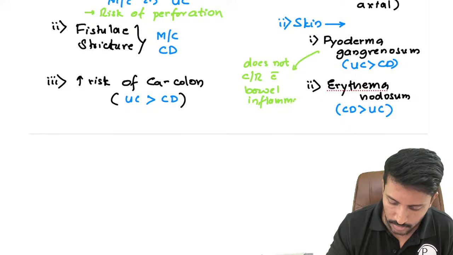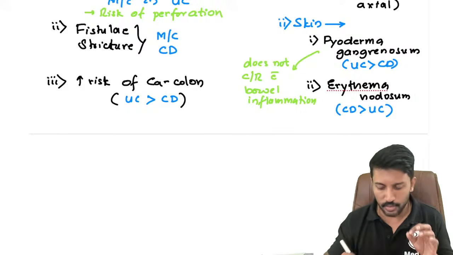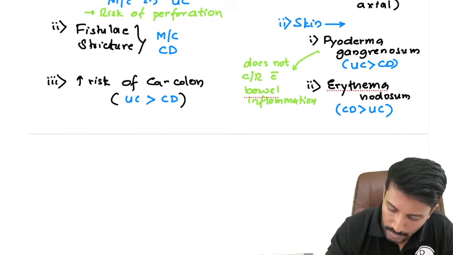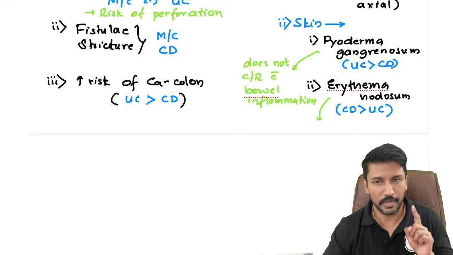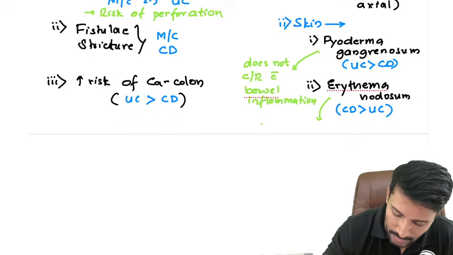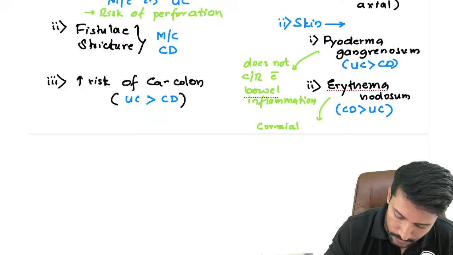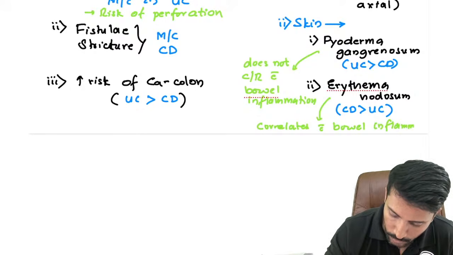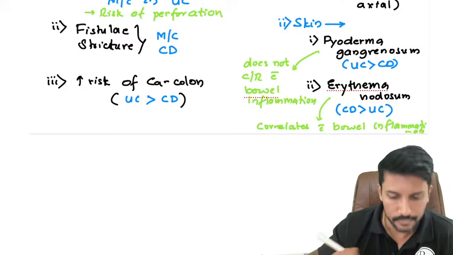So if I have an ulcerative colitis patient with pyoderma gangrenosum, it doesn't mean that his bowel inflammation is very severe. But if I have erythema nodosum in a patient with Crohn's disease, it means that his inflammation is severe because it correlates with bowel inflammation.